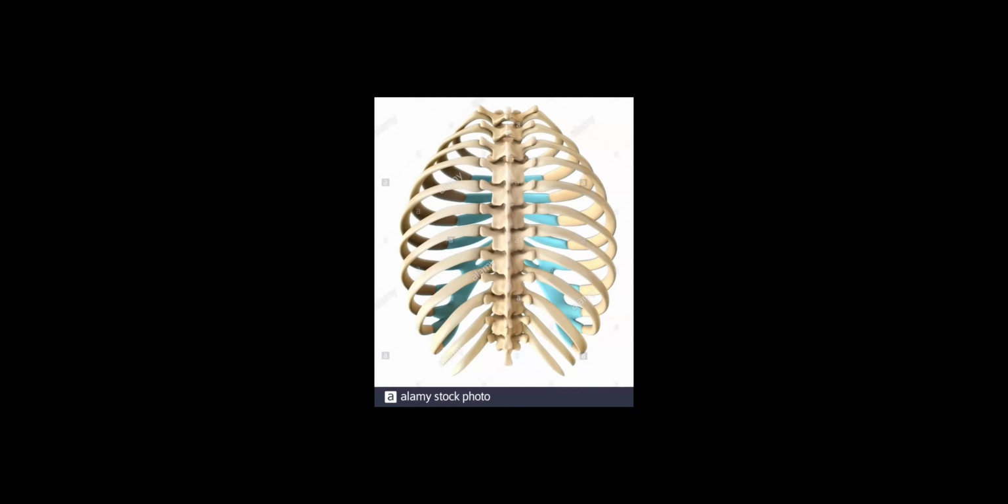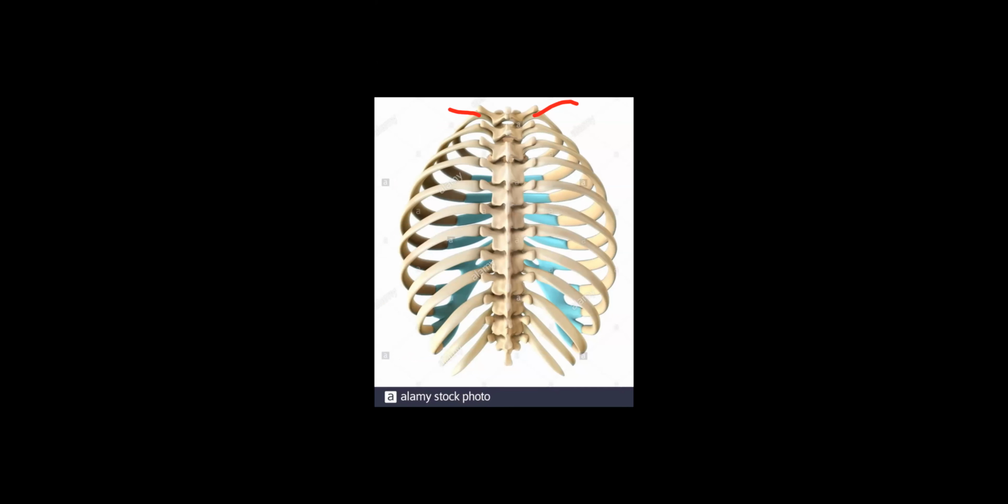Look, this is their back side, so this is our vertebral column. As you can see, all of them, 1 2 3 4 5 6 7 8 9 10 11 and 12, all 12 on one side and the other side, that is 12 into 2, 24, or 12 pairs.